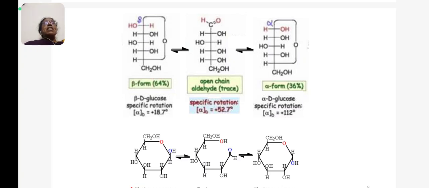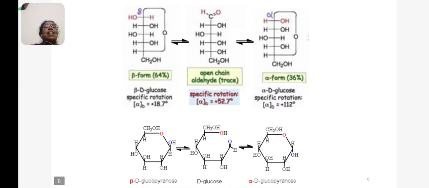In the open chain structure, the first carbon atom has a CHO aldehyde group, and during cyclic structure formation, that first carbon atom is connected to the fifth carbon atom via the oxygen. The first carbon atom is said to be the anomeric carbon atom. Depending upon the configuration, how the hydrogen atom and hydroxyl group are attached to that anomeric carbon atom, we can classify them as alpha and beta forms.